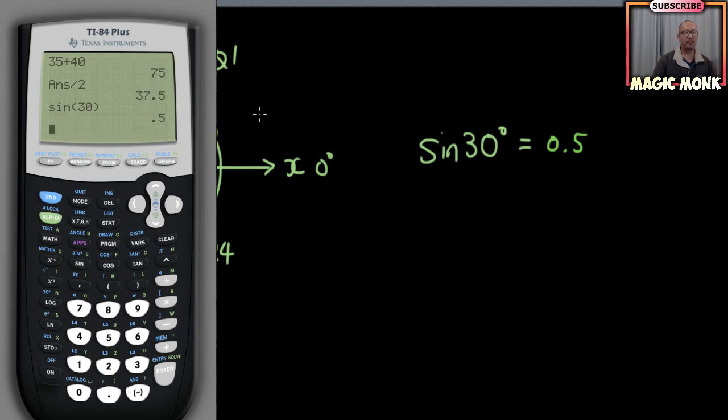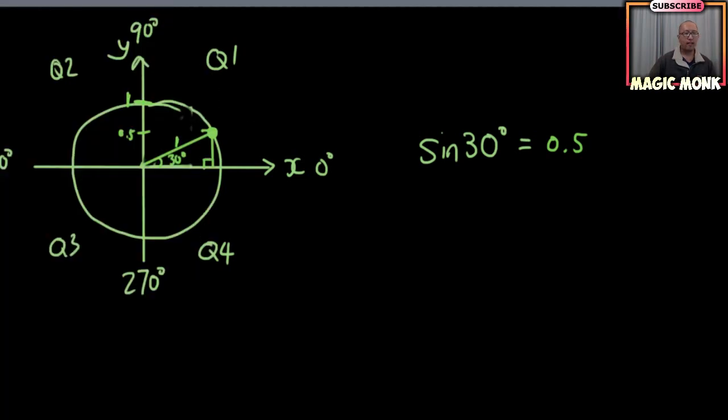Actually, before I even tell you that, I should tell you, at any point on this unit circle, y is equal to sine theta and x is equal to cosine theta.